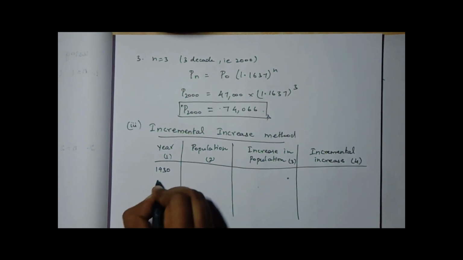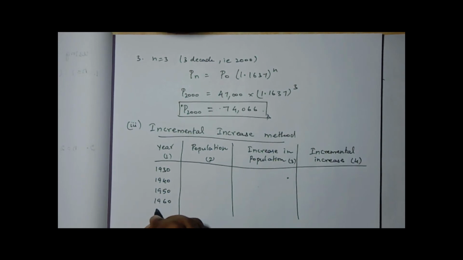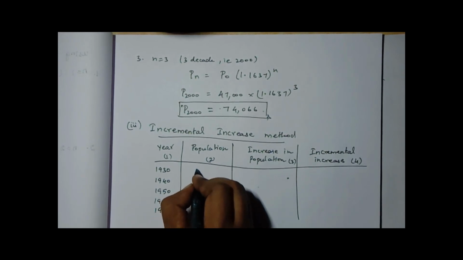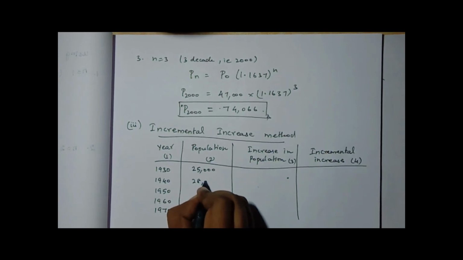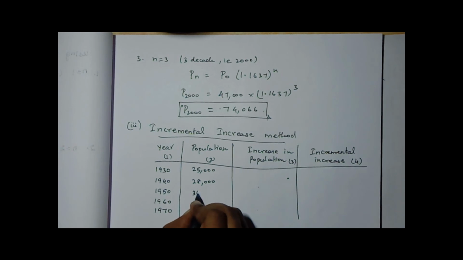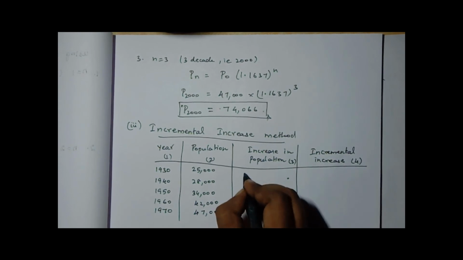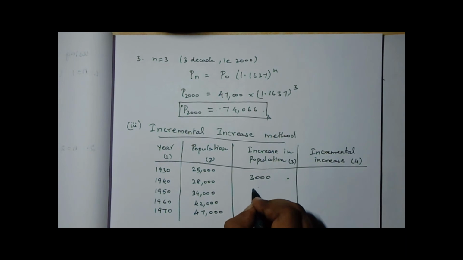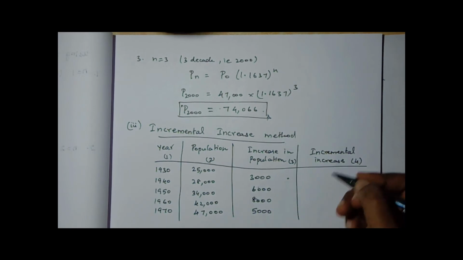In the question they have given 1930, 1940, 1950, 1960 and 1970. The population is 25,000, 28,000, 34,000, 42,000, 47,000. And similarly the increase in population is 3,000, 6,000, 8,000 and 5,000. Now what is the incremental increase?